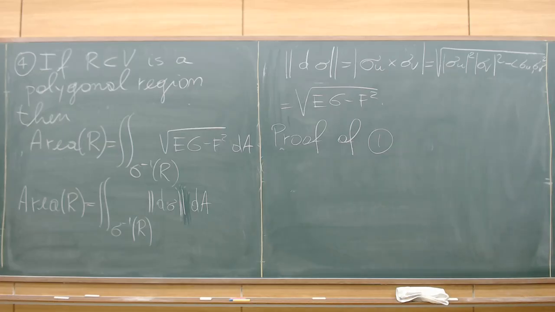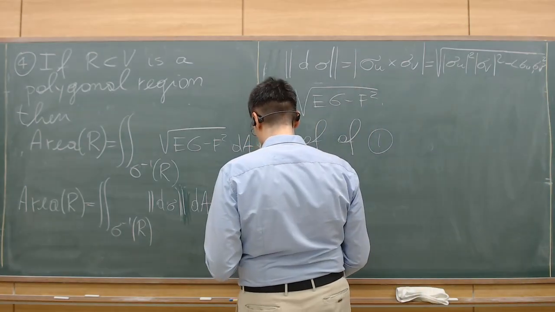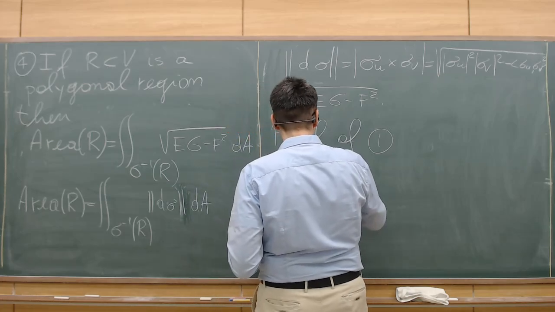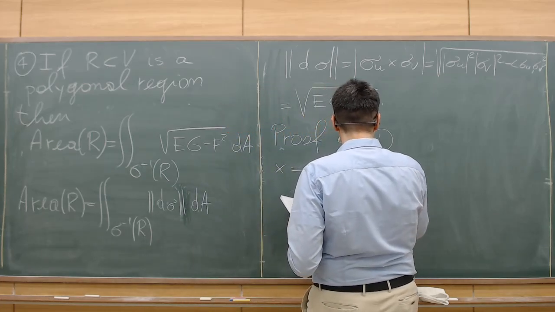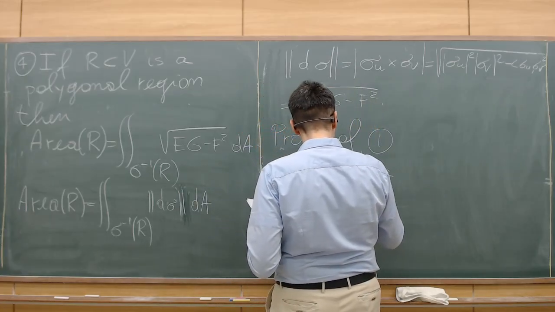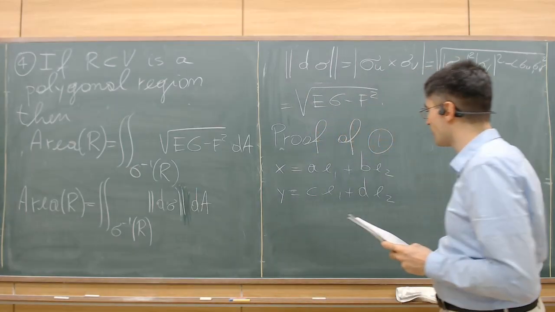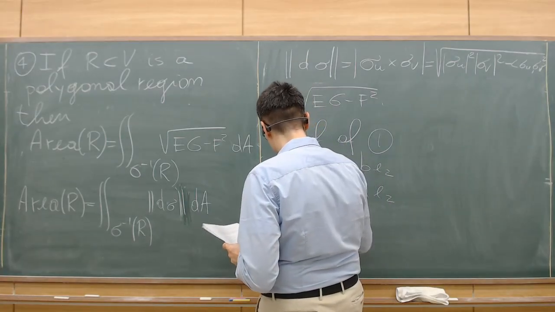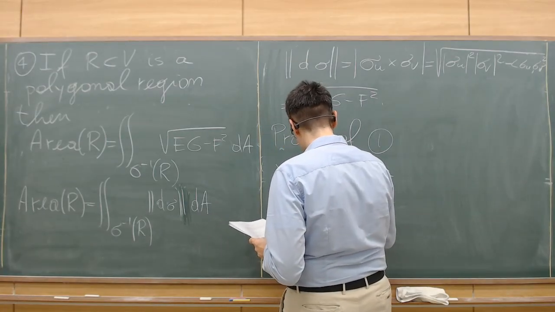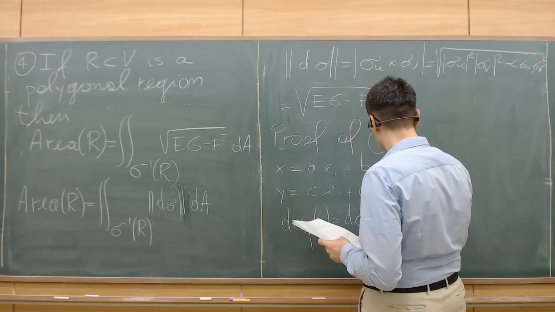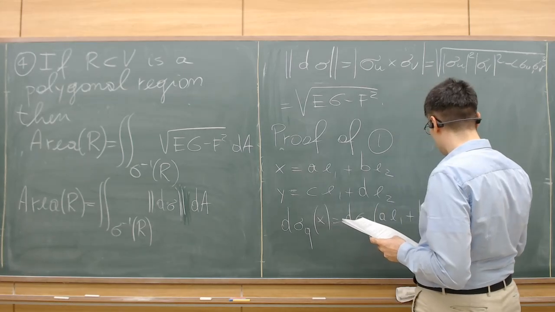This follows from the fact that you can write x as a e1 plus b e2, y as c e1 plus d e2, and you use the fact that d sigma q of x is then equal to d sigma q at a e1 plus b e2.